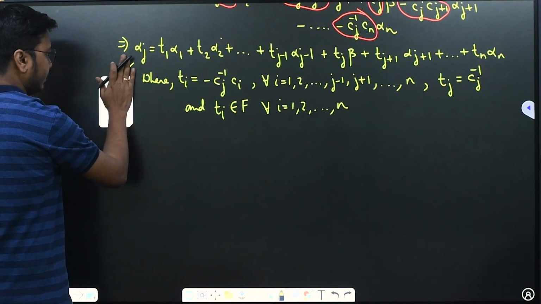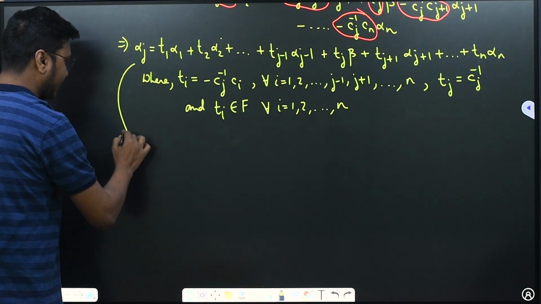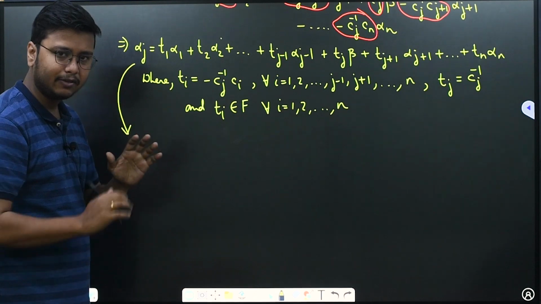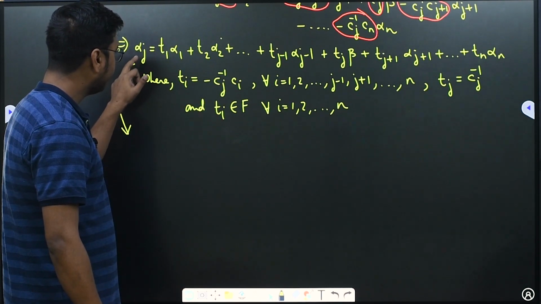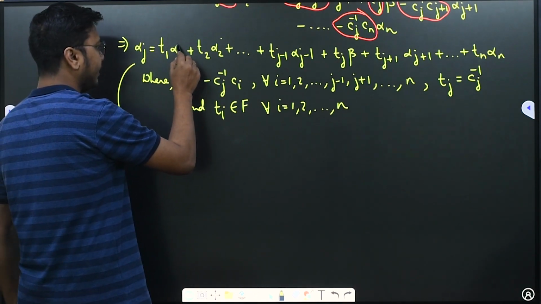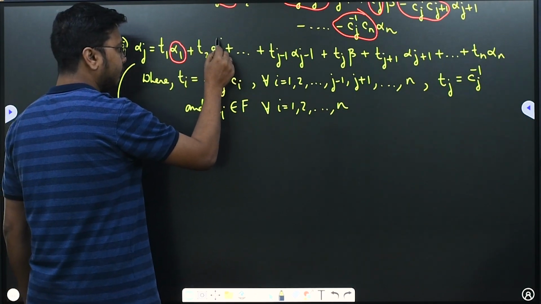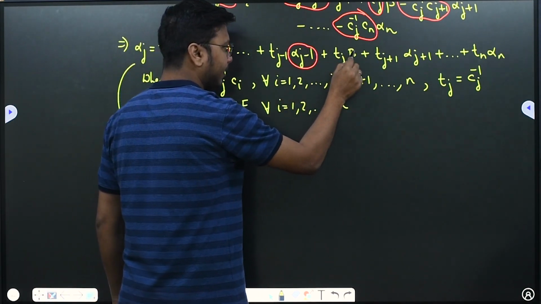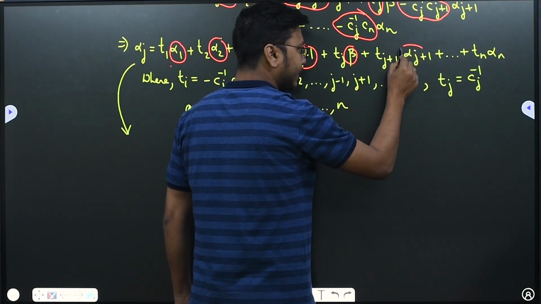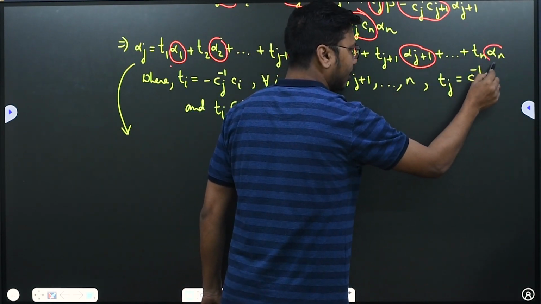So instead of writing the equation from this expression, I want to write it in words. You can observe that alpha j is a linear combination of the elements of alpha 1, alpha 2, going up till alpha j minus 1, beta, then again continuing from alpha j plus 1 till alpha n.